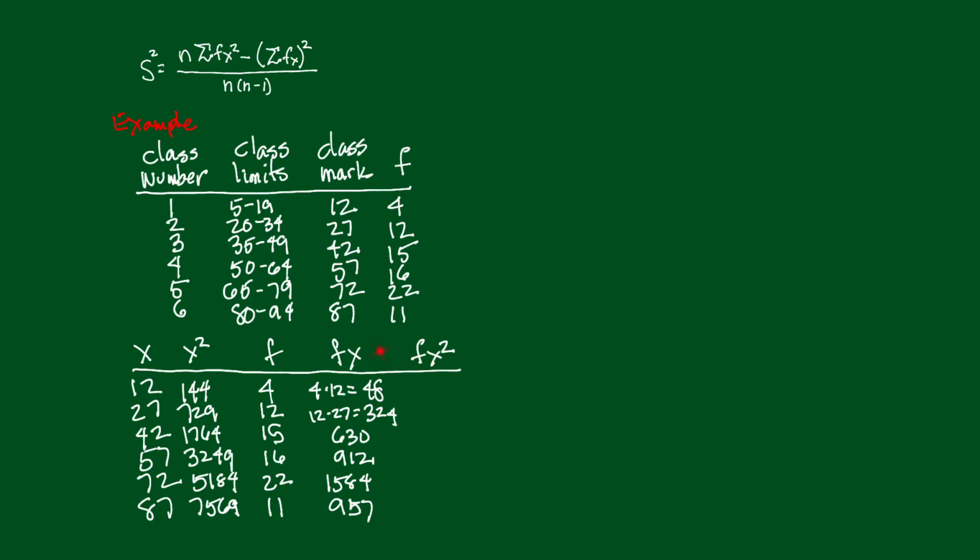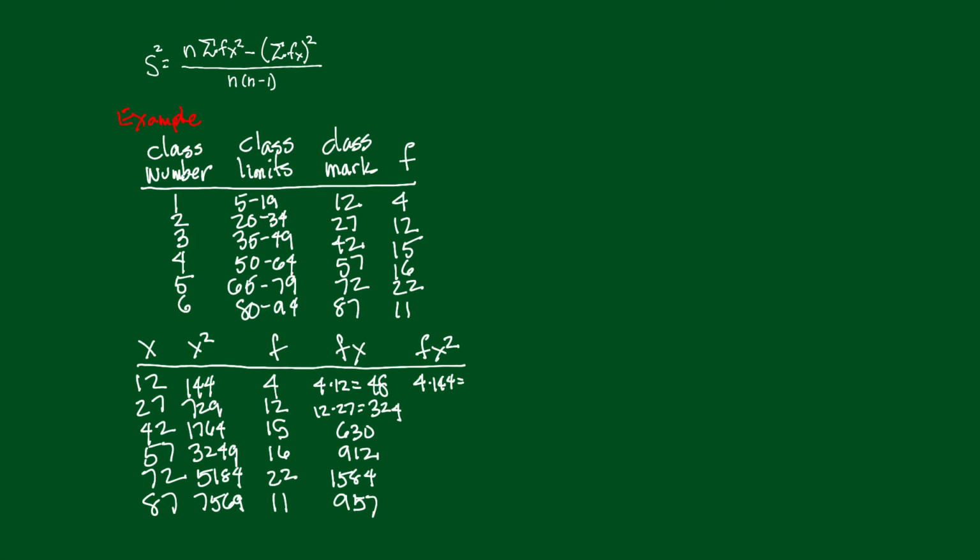Okay? Well, now I need the f times the x squared, okay? Fx squared. So here's f, here's x squared. So make those multiplications. 4 times 144. Okay, I'll show the first few. 4 times 144, that turns out to be 576. All right, the next one, f times x squared is 12 times 729.